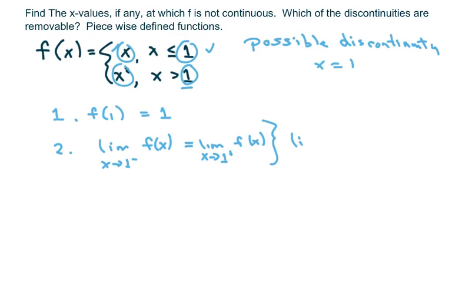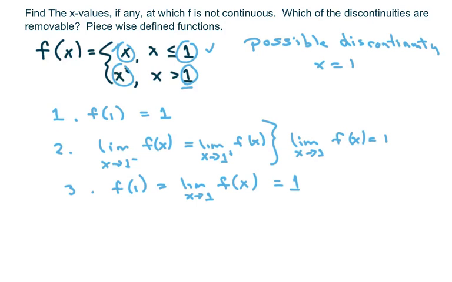So the left side and right side limits are the same, so the limit of f of x equals 1. That means f is continuous at x equals 1, so f is continuous for all real numbers x.